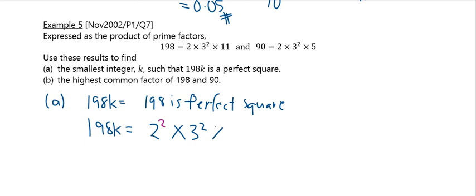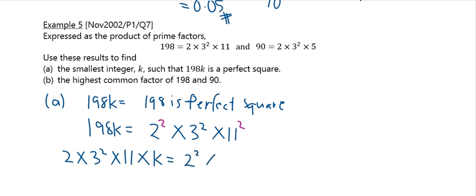This is the original, and 11 you have to multiply another 11 to make it 11 squared. So here 198, you know that this is 2 times 3 squared times 11 times k equals 2 squared times 3 squared times 11 squared.